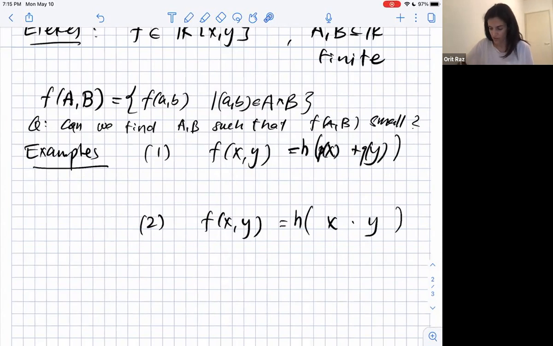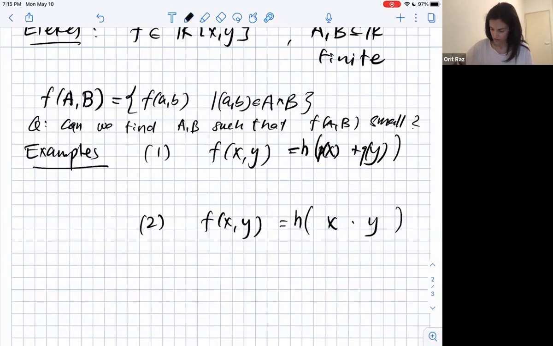So now we will need to choose the set A such that p of A will be an arithmetic progression, and q of B will need to be an arithmetic progression. And then I have the same phenomenon: some arithmetic progression plus an arithmetic progression. So this is more or less the example of x plus y.